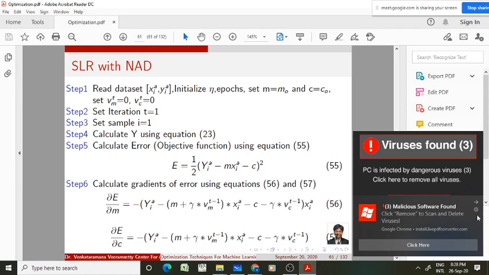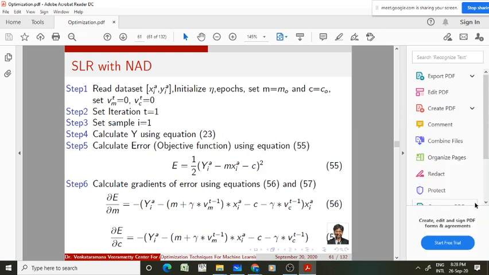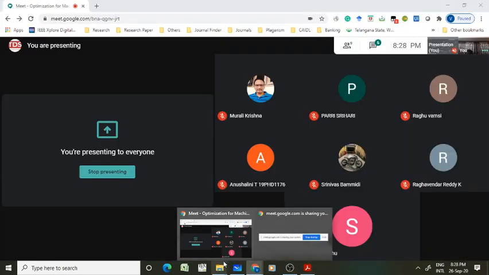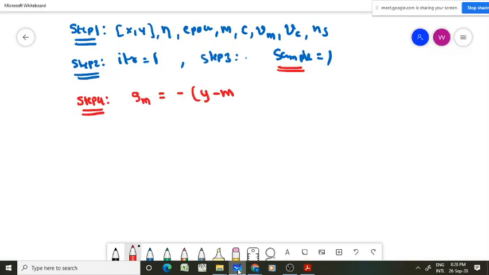So what we are doing here is, you have to calculate the gradient. Let's assume we are calculating the gradients here, gm and gc.